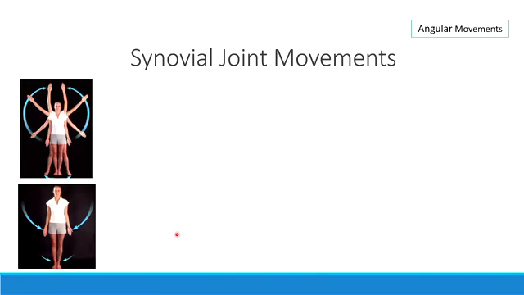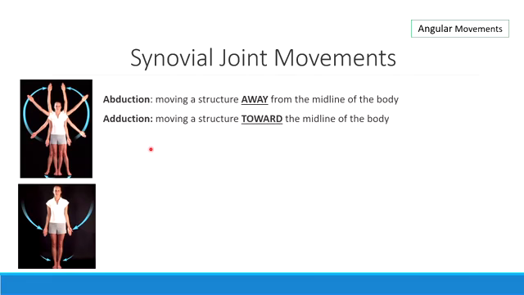My next kind of angular movement is called abduction and adduction. Abduction is when we move a structure away from the middle of the body. I love to act this one out because it's just fun for me. I'm going to pretend that the aliens are abducting me. There goes my arms. Abduct, they start here. Here's the midline, they move away.